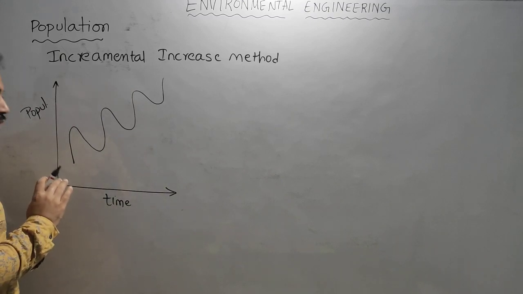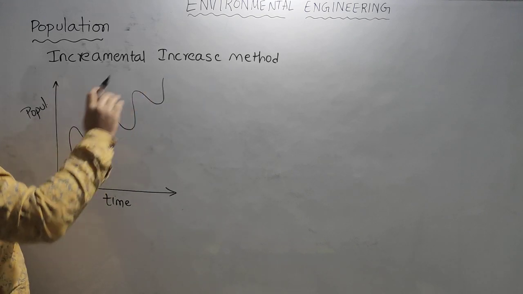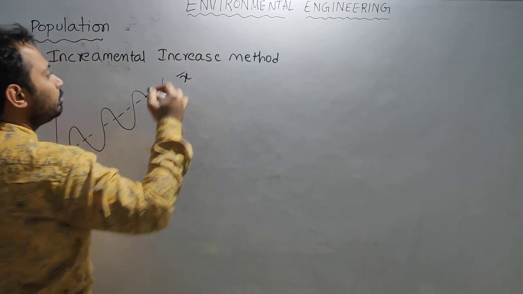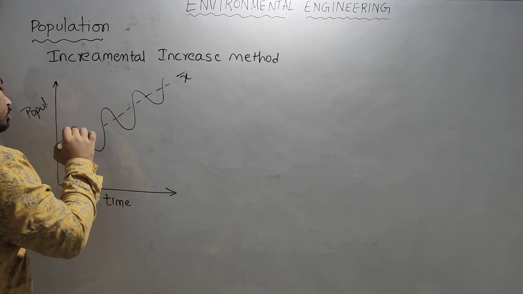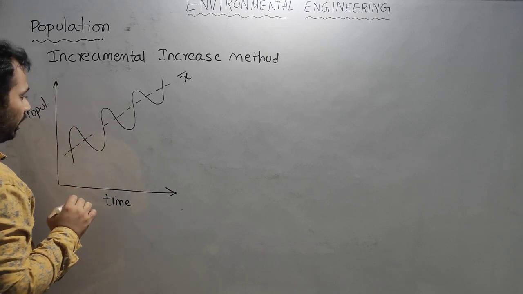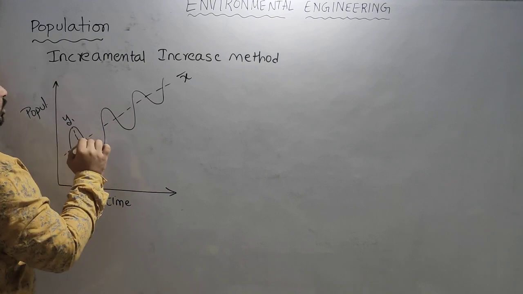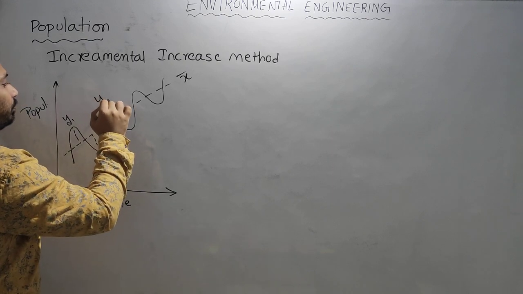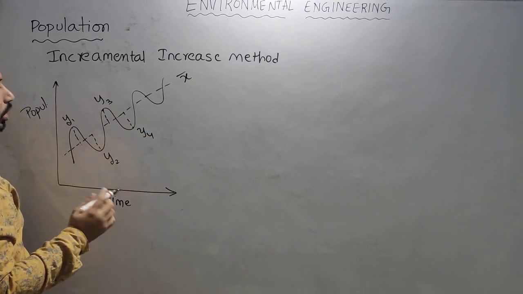What I can do is, for this data there will be an average value. Let this be the X bar line. From this X bar, we look at how much the data is deviating. Let this deviation be Y1, Y2, Y3, Y4, like that.